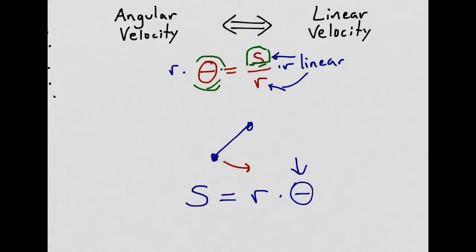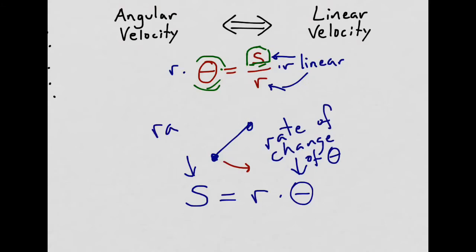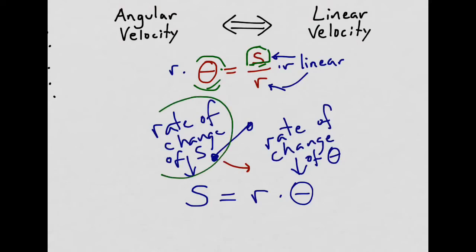And what I want to compare is the rate of change of theta and the rate of change of s, the rate of change of the arc length. The rate of change of the arc length corresponds to the idea of a linear velocity, because it's talking about the change in a linear measurement.